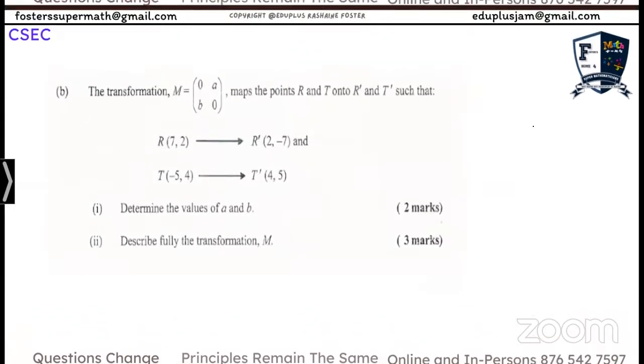Anyways, let's go again. Try this for me first. The transformation M, 0 A, B 0, maps the point R to T and R prime onto T prime, such that, as you see there, determine the values of A and B. Then describe fully the transformation M. I've showed you a way how you can figure that out.